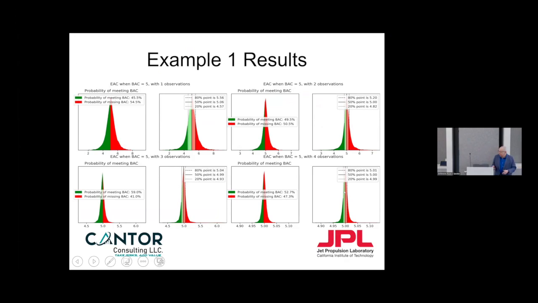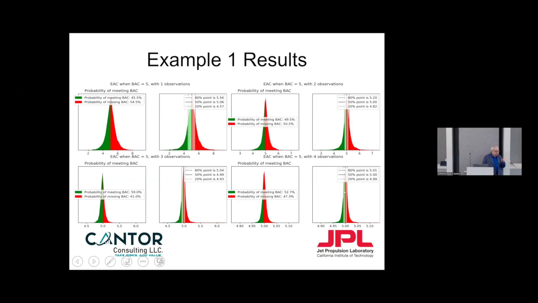The probability of being slightly over target and being under target are about equal, but the amount that you're over and under target is very narrow.